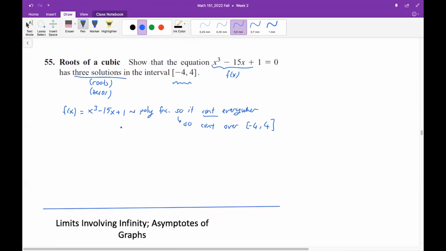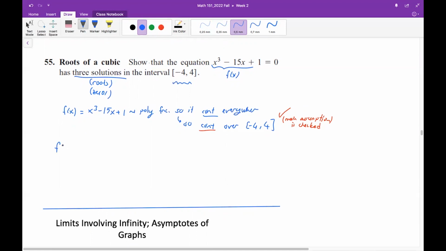Then you see the continuity over the closed interval, which is the main assumption of the intermediate value theorem, is checked now, so that we can continue by searching for positive and negative values of your function.